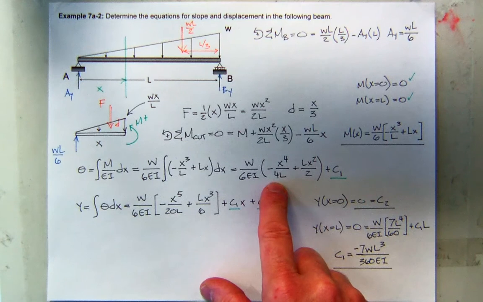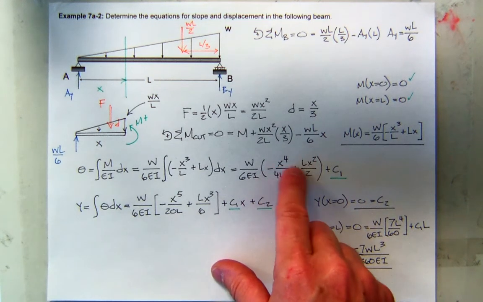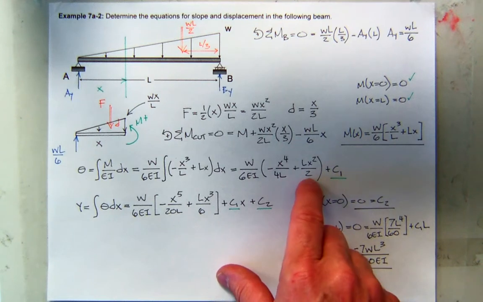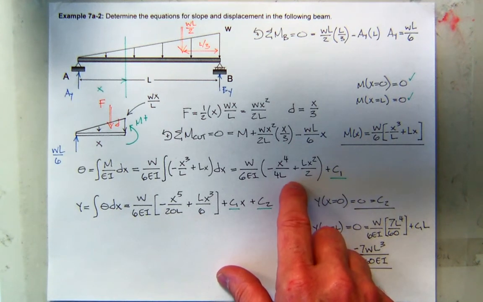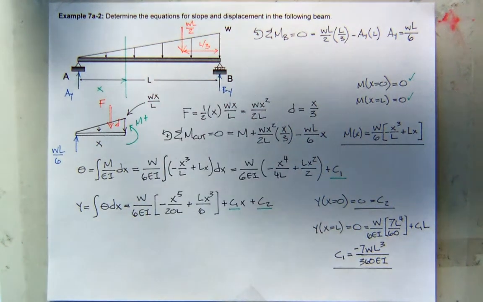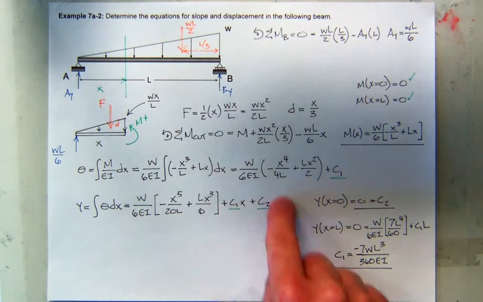Now, initially that looks pretty tough, but you'll notice that you've got a 4th and a square, so you do a little substitution here, and you can actually turn this into a quadratic equation. And then you should know the roots of a quadratic equation, and when you find those two, you'll find out that it's something like 0.557 L. It's a little to the right of the middle. And then you could take that value and plug it in here and find the maximum displacement.